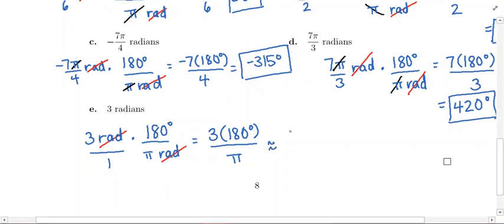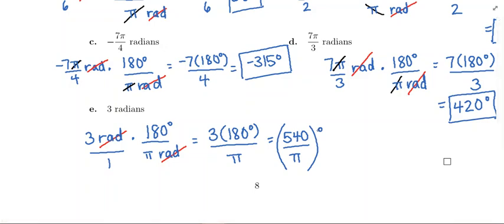Actually, let me give you an exact answer first. If you do 3 times 180, that is 540 divided by pi. That's how many degrees this is. Notice I put the whole quantity: the actual number of degrees is 540 divided by pi.